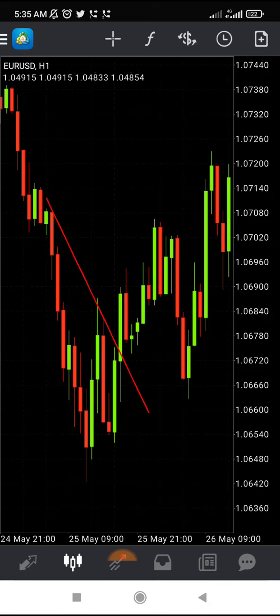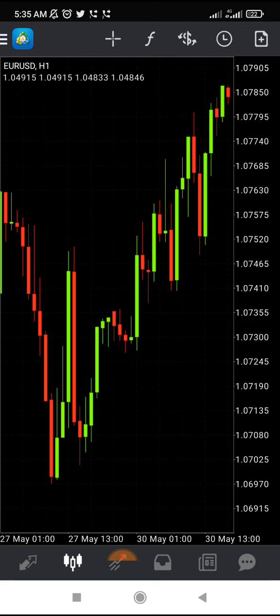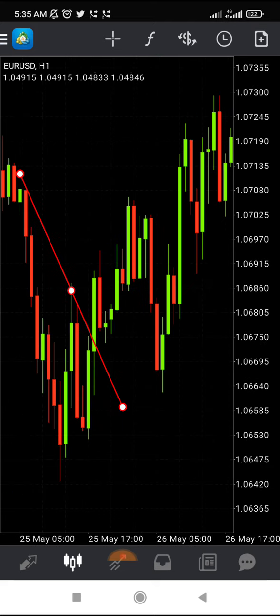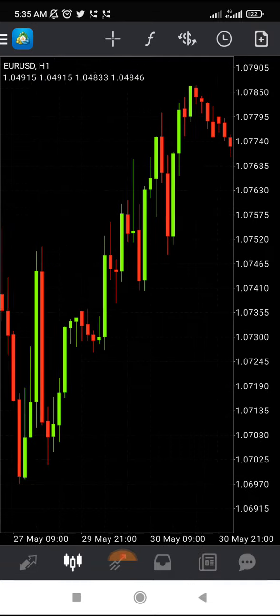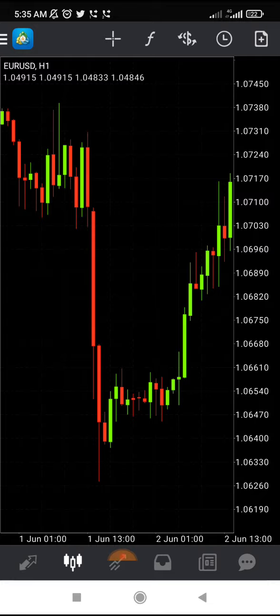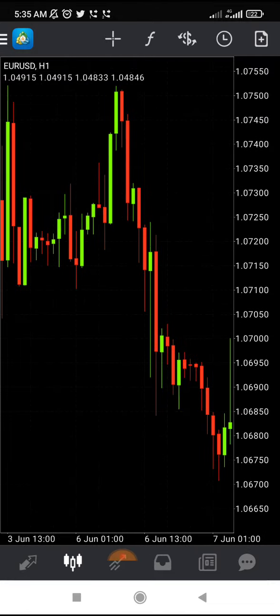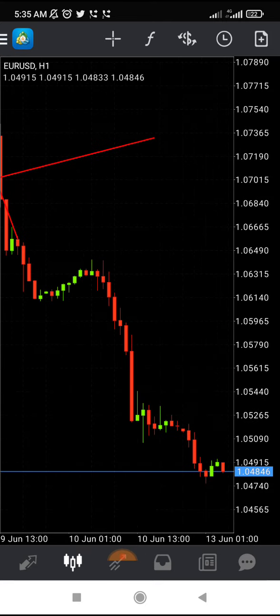You join the M and W pattern with your trend line in order to take your trade. You find a W to buy your trade, and an M pattern to sell your trade.